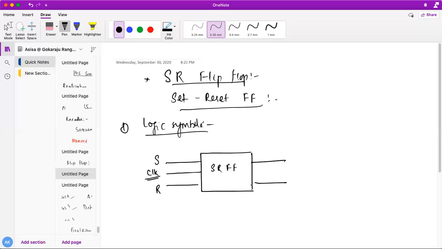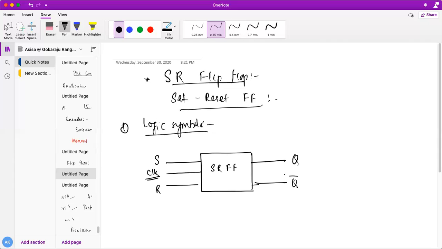Up to what time it will store 0, up to what time it will store 1, up to what time it will hold, depends upon this clock. So these are the 3 inputs, and finally my outputs will be Q and Q bar. As I told, the fundamental assumption is that any memory element has 2 outputs, and both of them are complements of each other. Do you all know about it very well?